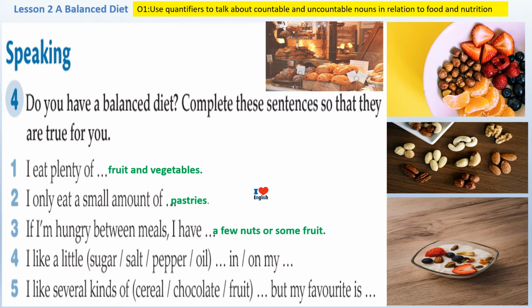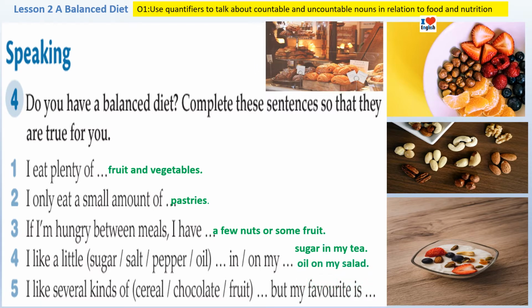Think about yourselves. What do you eat between meals? I like a little sugar in my tea. What about you? Do you like much sugar in your tea or in your coffee? Do you have much salt in your food? What about oil?